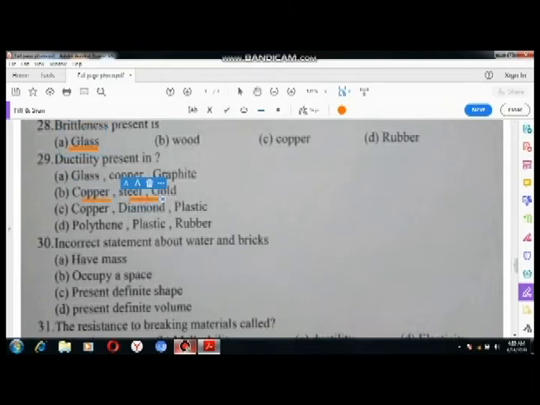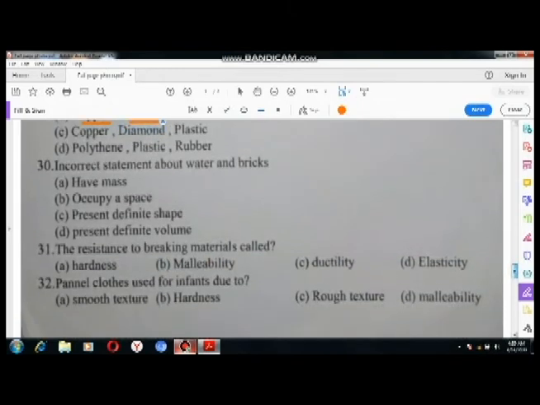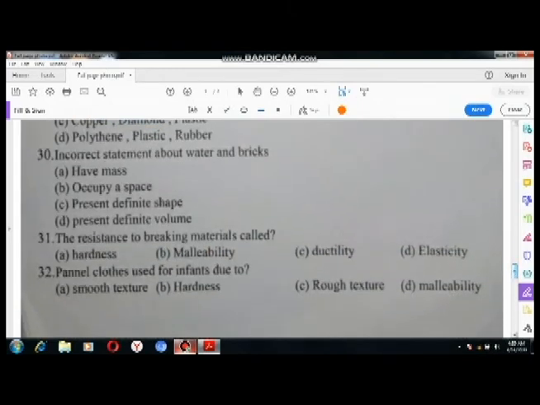Incorrect statement about water and brick. Water is a liquid, brick is a solid. Both water and bricks are matter. So both substances have mass and occupy space. So A and B are correct. Also, water and brick, liquid and solid, both have a definite volume.